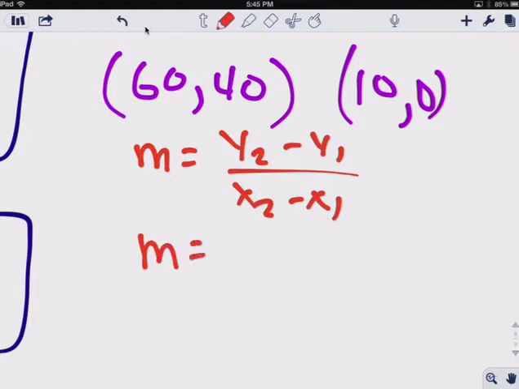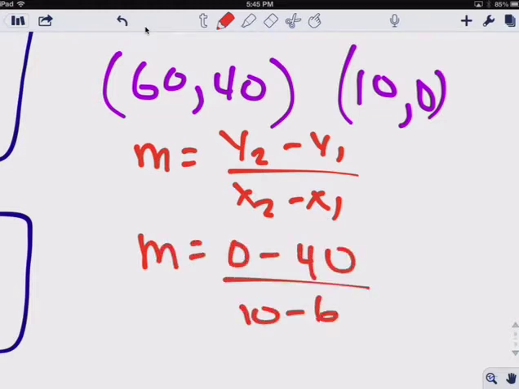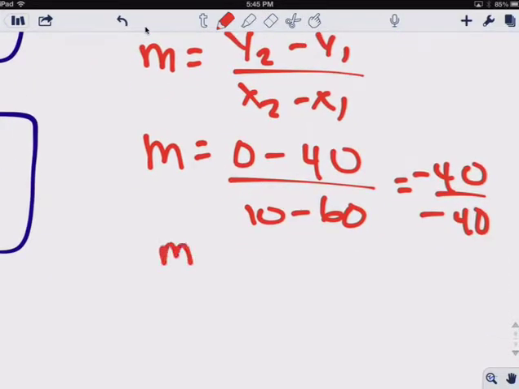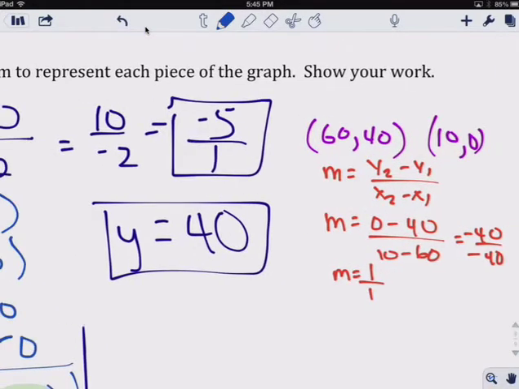M equals y2, 0 minus 40 over 10 minus 60. It's a negative 40 over negative 40, which is equal to 1 whole. Okay, now choose a point.